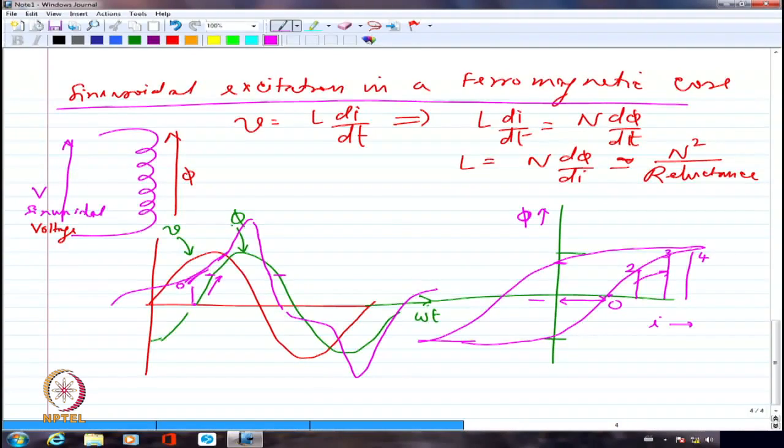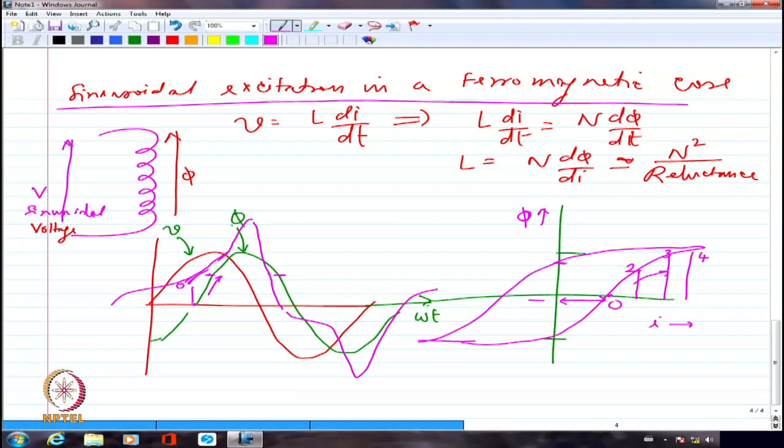And wherever I have the increase or decrease in the flux taking place, those are the linear regions, and I am going to see that the current is not making as much change as what I saw earlier during the saturation region.